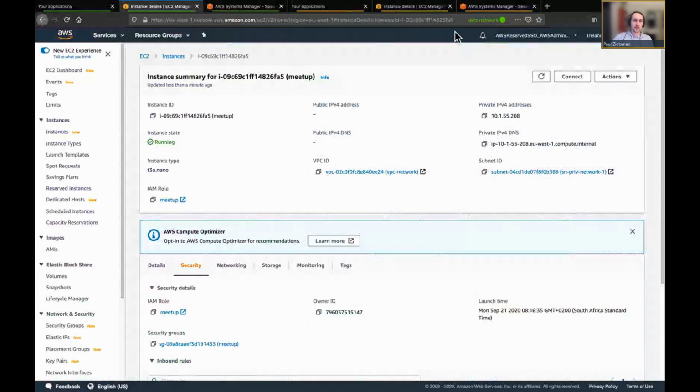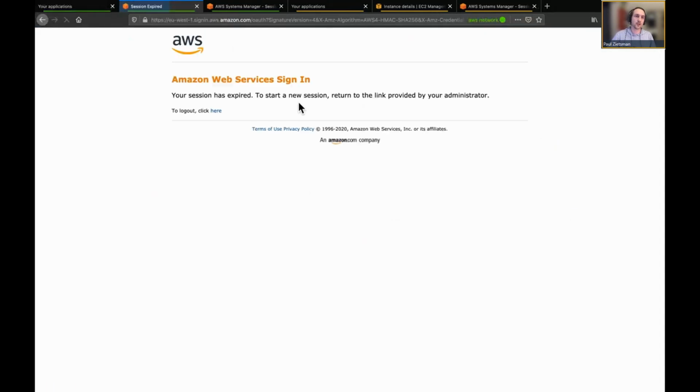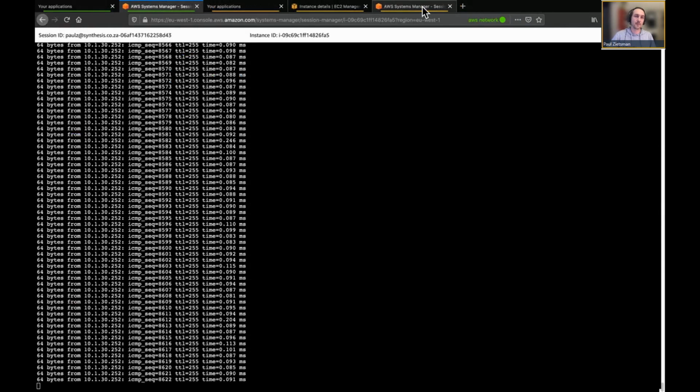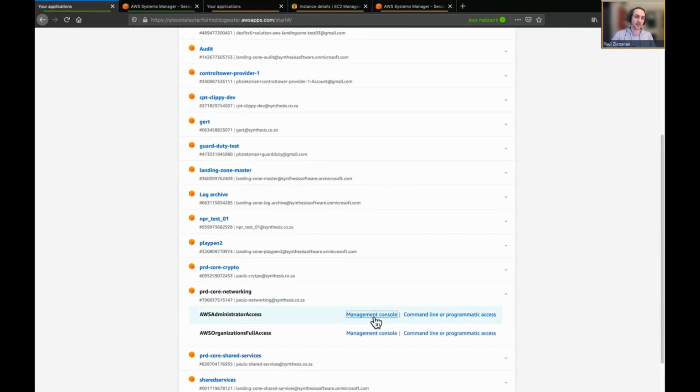So I'm using Firefox containers. So in here, I'm in an account. Let's see if this thing is, chances are good I have to log in again. Nice. This is still running. So I'm using Session Manager. So I've got two EC2s pinging each other. Don't worry about these account IDs.